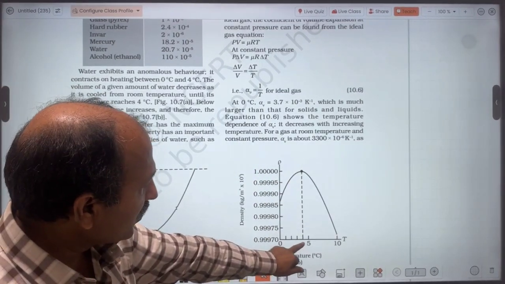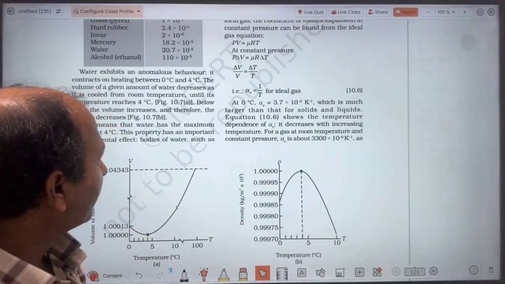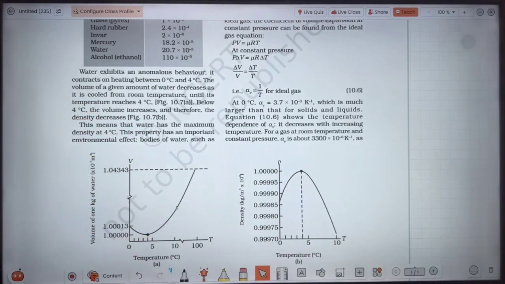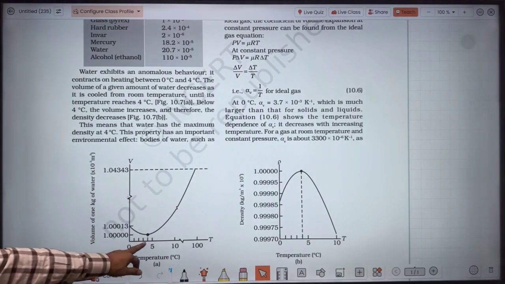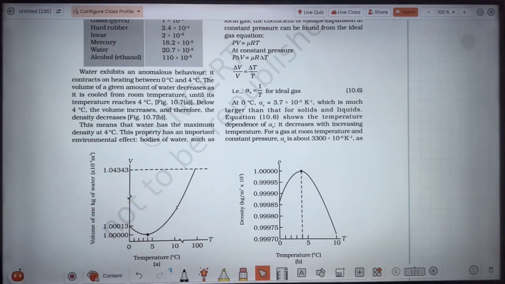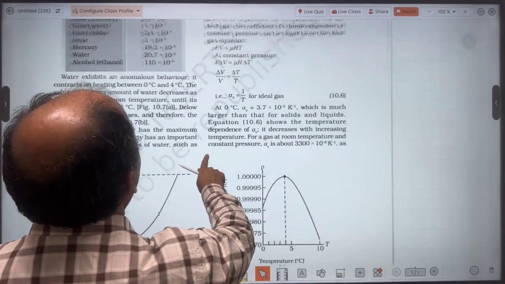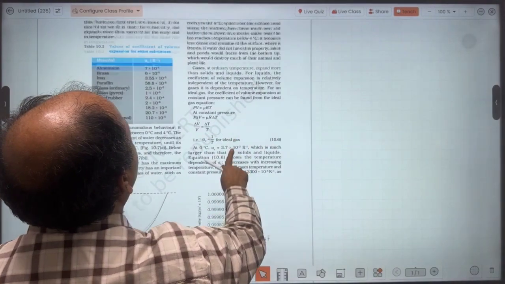This temperature corresponds to 4 degrees centigrade. Below or after, it decreases. Here the same is given. This is the volume of 1 kg of water. At 4 degrees, it is lowest, right? And then it will increase, correct? So you have understood, this is called anomalous behavior of water. You can read about it.